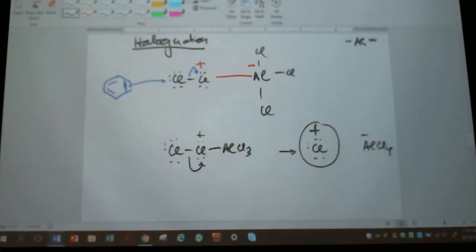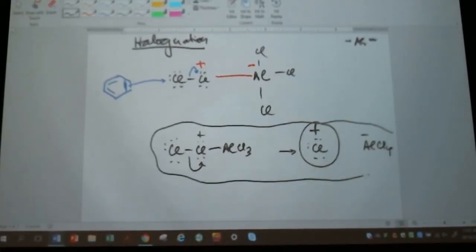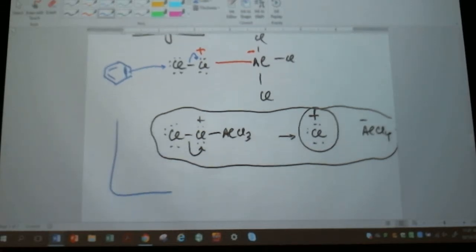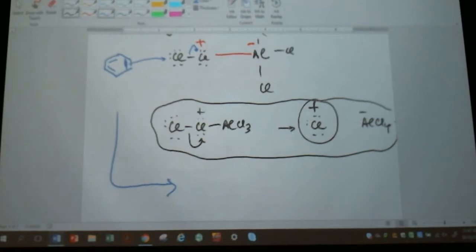So let's assume my benzene attacks, and now we have disrupted the aromaticity, which means two of these electrons form a bond with chlorine, and this piece is now left with a positive charge.